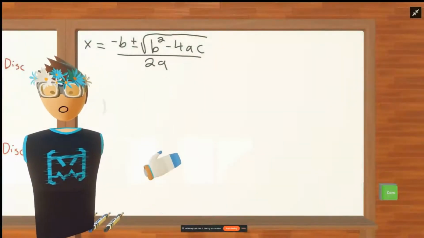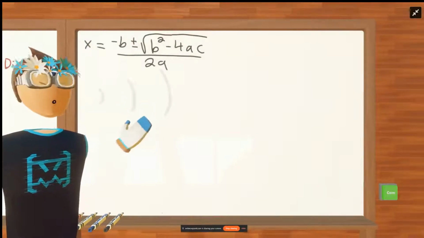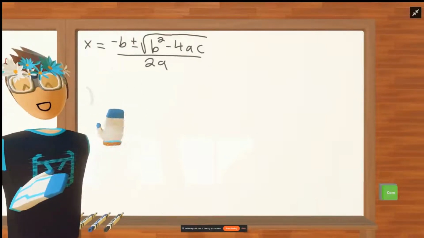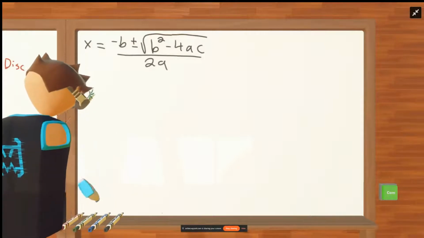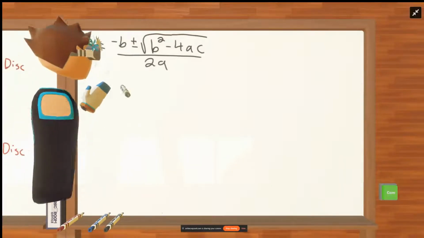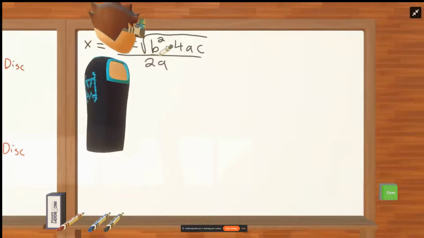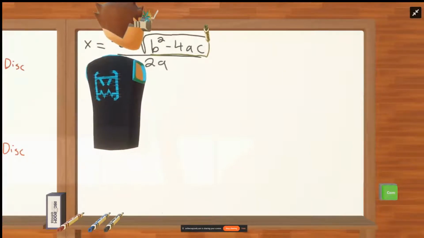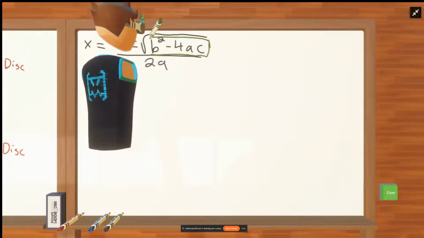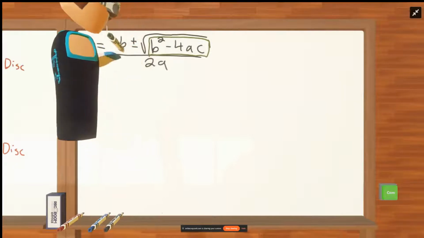Let's go over the discriminant of the quadratic formula. So I have here the quadratic formula up here, and the discriminant is this part, everything underneath the radical, the square root here. So everything under the square root is the discriminant.